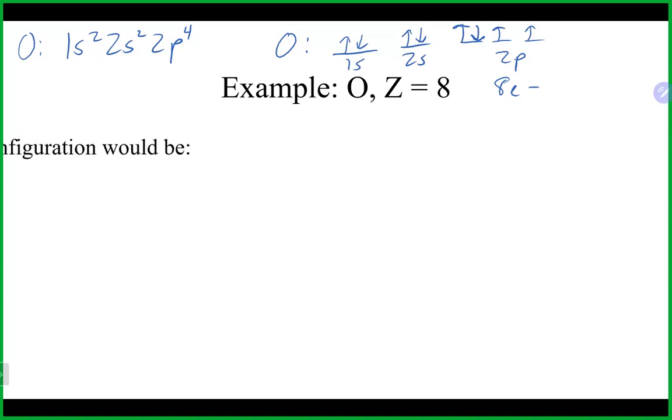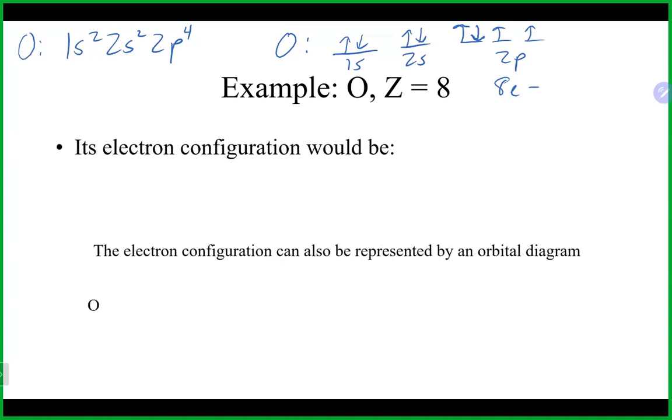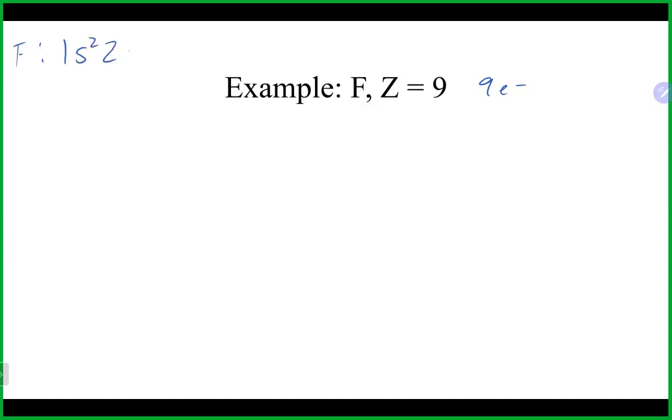All right, then continuing on, number 9 is fluorine in this case. So fluorine, number 9 on the periodic table, meaning it has 9 electrons. And again, starting at our top there, 1s2, 2s2, 2p5, giving us now 7 electrons on the second energy level, 9 total with the 2 on the first.